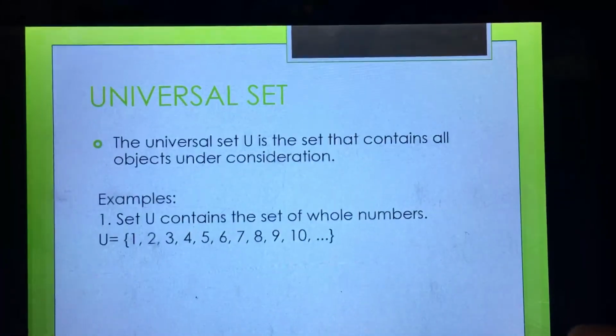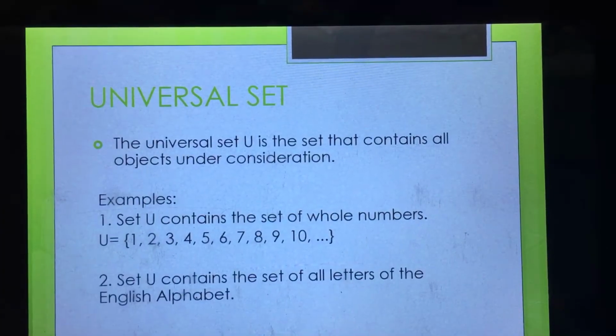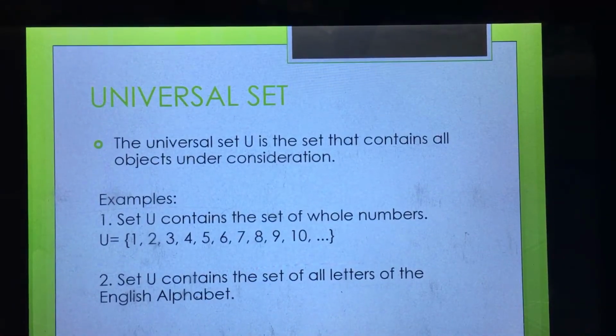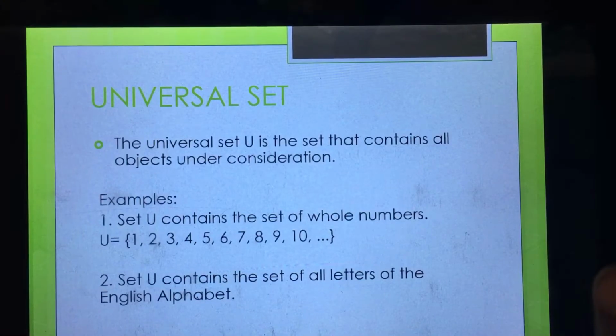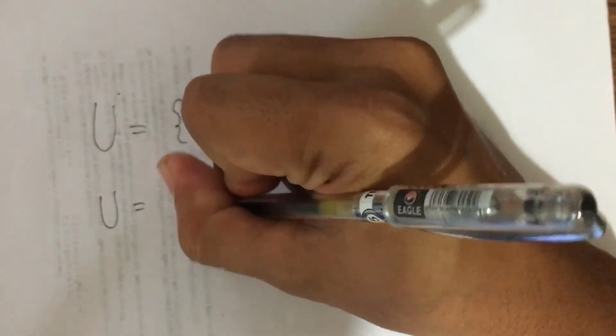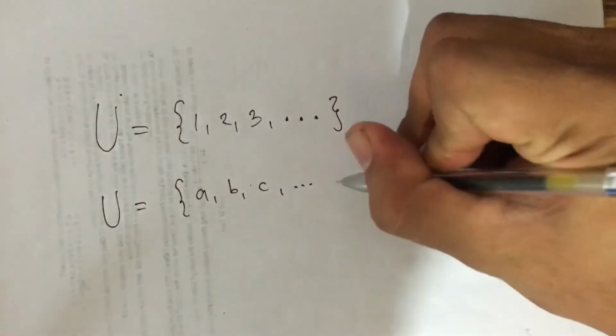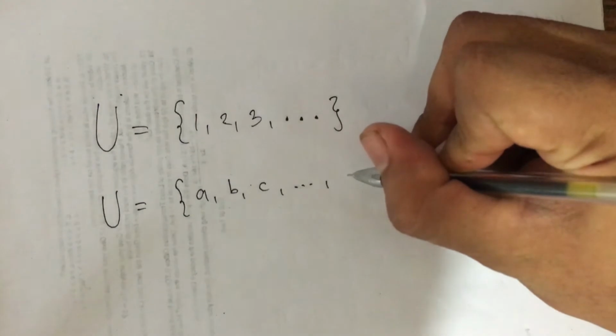Next. Another example, set U contains the set of all letters of the English alphabet. Now what are the letters that could be found in the English alphabet? So, U is equal to the set of A, B, C, and so on hanggang saan ba matapos ang letter?